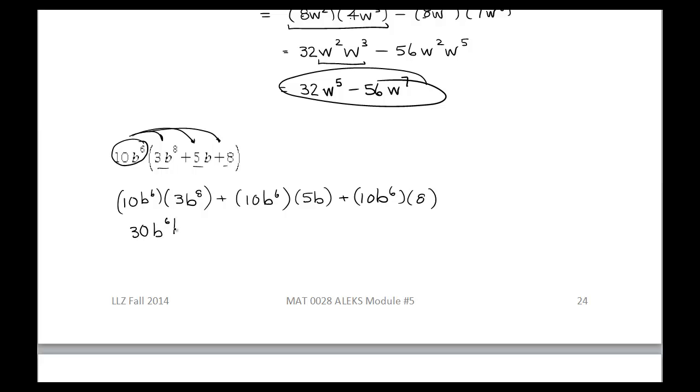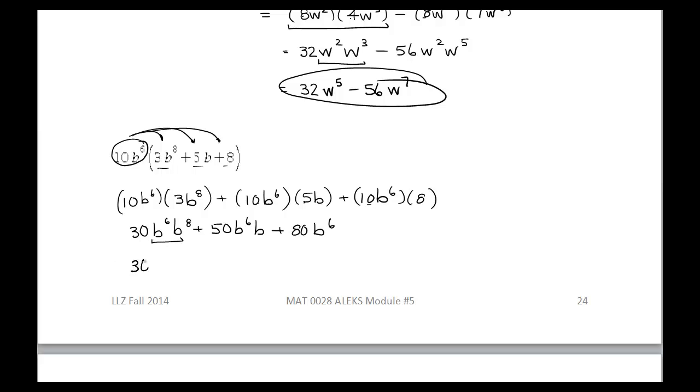So I get 30b to the 6th, b to the 8th, plus 10 times 5 is 50, b to the 6th times b, and I have plus 10 times 8 is 80, b to the 6th. Okay, so now let's simplify. Again, we have these like bases here.